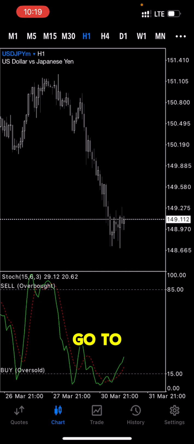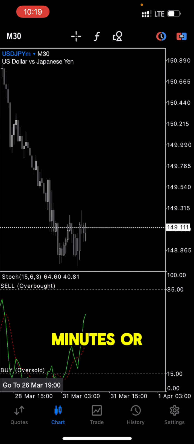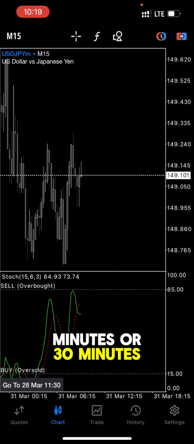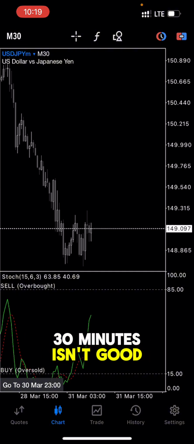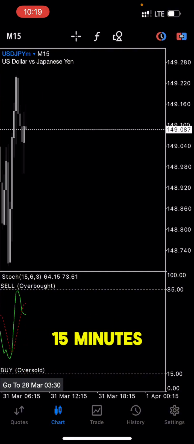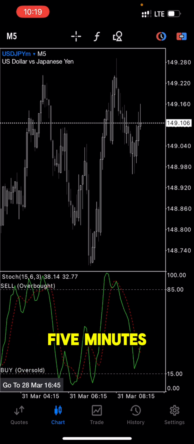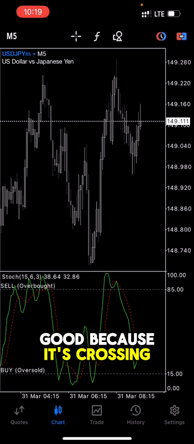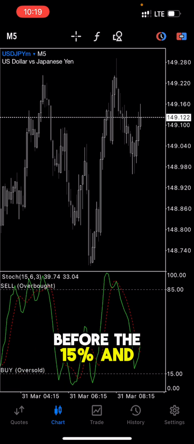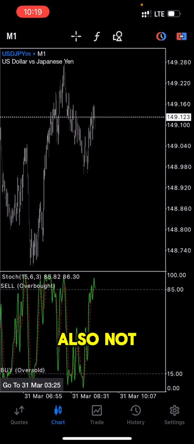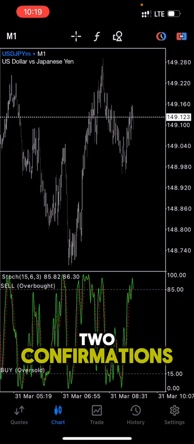And then 30 minutes is not good, because it's already gone. 15 minutes is also not good because it's already gone. 5 minutes is not good because it's crossing before the 15%, and the 1 minute is also not good. So we have only 2 confirmations.